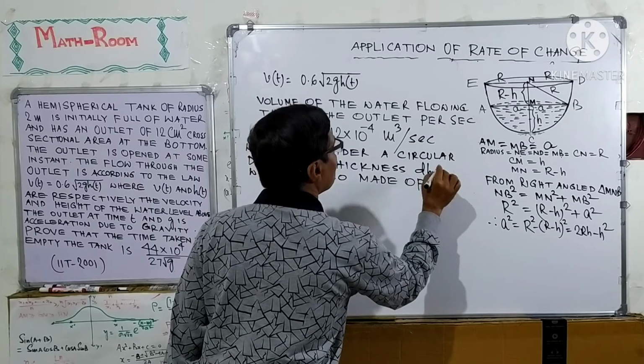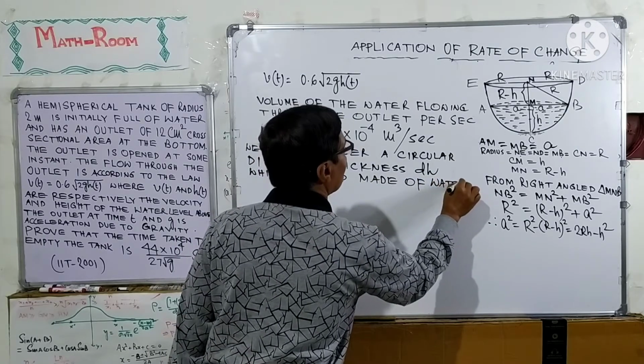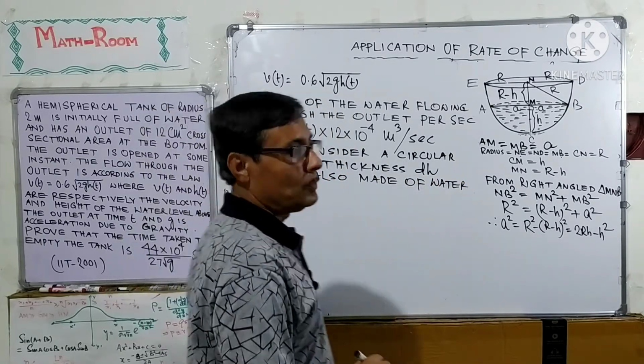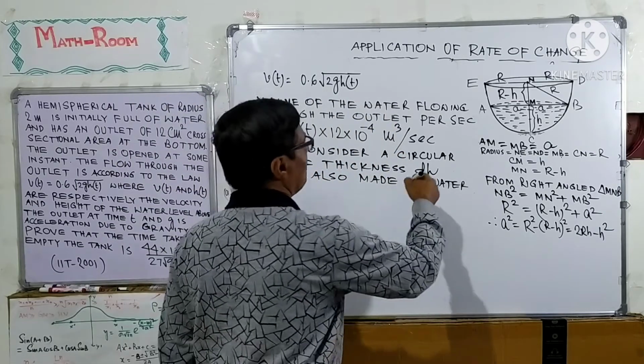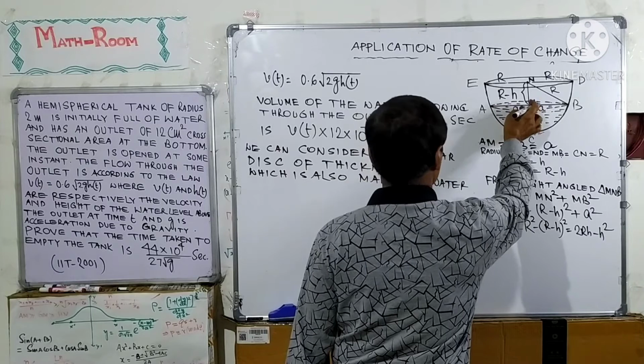That is a circular disc of water whose thickness is dh and whose base radius is a.